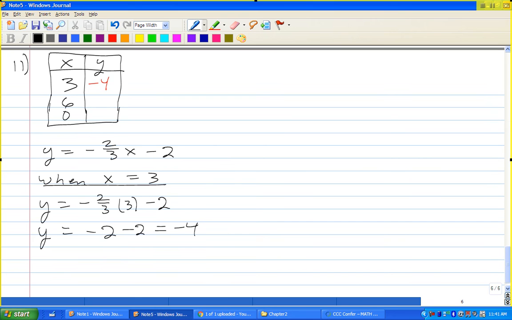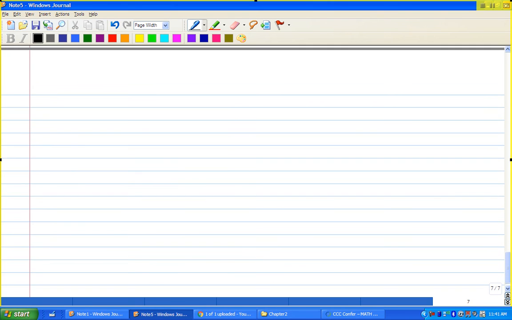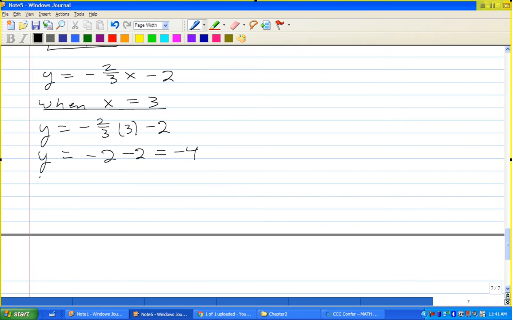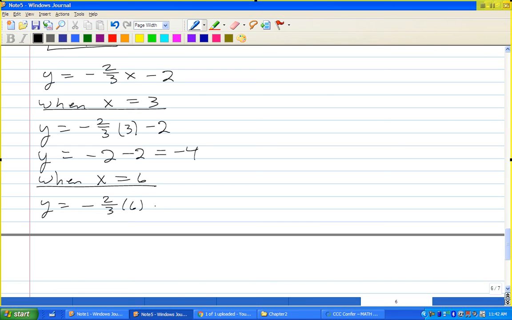Let me determine when x equals 6. I have y is equal to negative 2/3 times 6 minus 2. 6 divided by 3 is 2, times negative 2 is negative 4. Minus 2 is a negative 6.